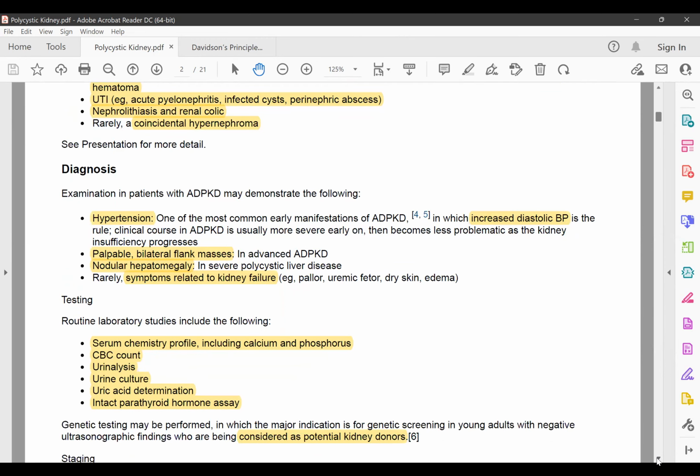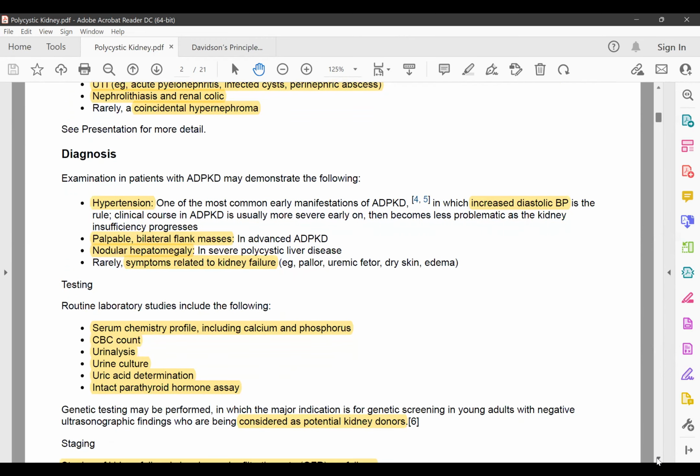Okay, what do I measure? Chemistry profile, including calcium and phosphorus. Here is one point that you should know. There is what is called the Ca into P product, calcium into phosphate product. Normally, calcium is around 8 to 9, phosphate is around 4. So 8 into 4 is 32, 9 into 4 is 36.